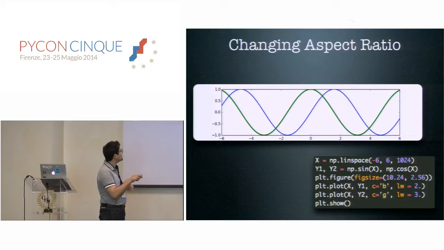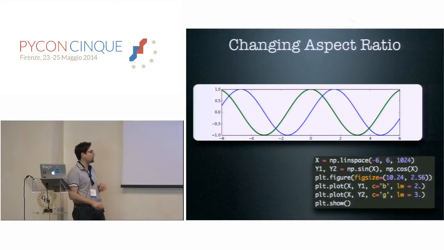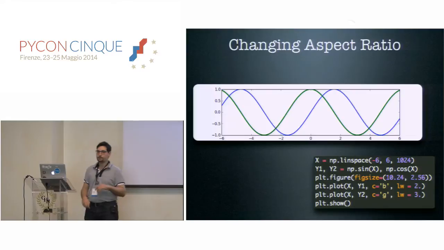So you may see that the blue one is the sine function, and this is the cosine function. Maybe it's not so clear, but they have two different line widths. Okay? It's a simple parameter in the function call.